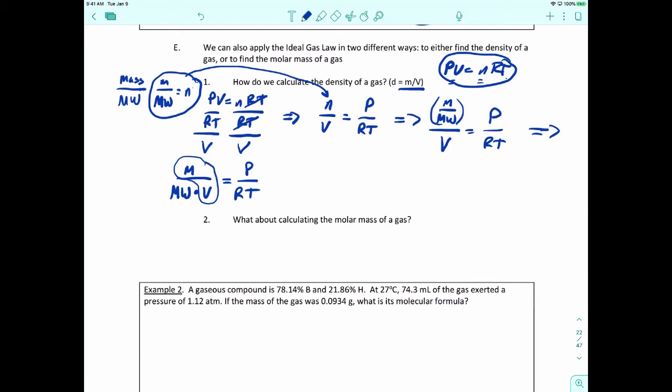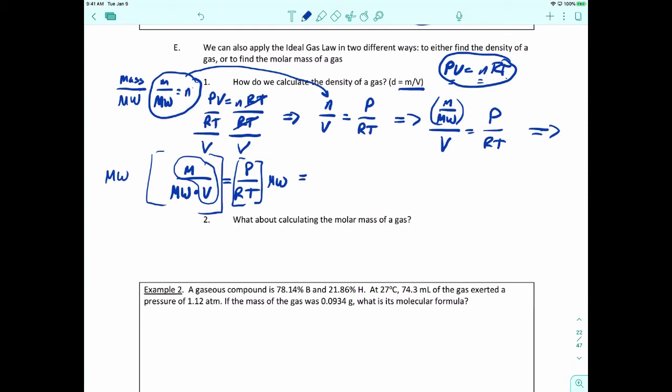So now, if I was able to multiply this whole thing on the left by the molecular weight, then that would be out of the equation on the left-hand side. But we'd also have to do the same thing on the right-hand side, multiply the right-hand side by the molecular weight. All right.